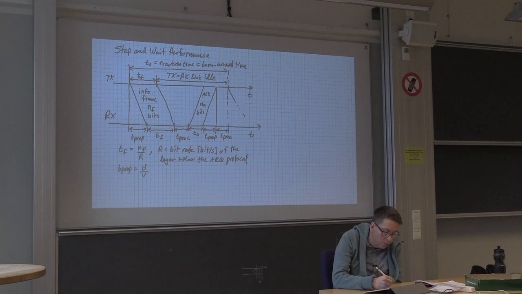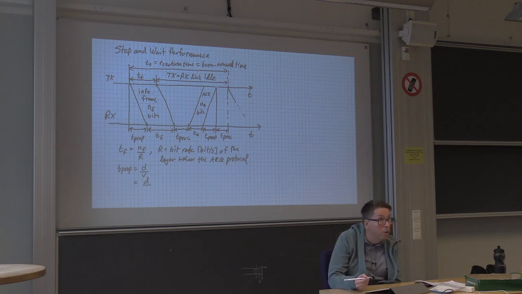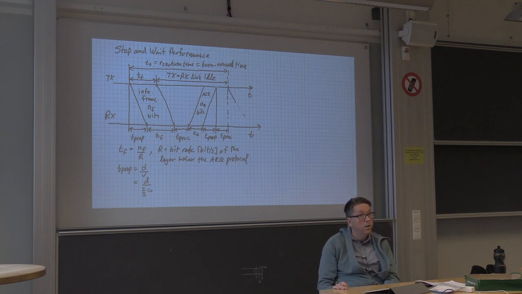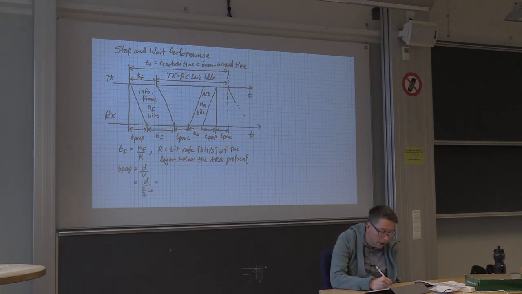So to get some feeling for what this could be, on a fiber optical channel, this will be D divided by the speed of light in the fiber, which is actually a little bit less than in vacuum. It's maybe 2/3 of the speed of light in vacuum, which is 3 times 10 to the 8 meters per second. If one calculates this, one gets that this is essentially D times 5 nanoseconds.